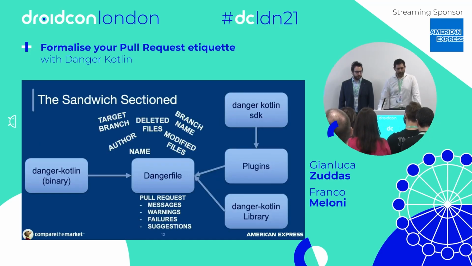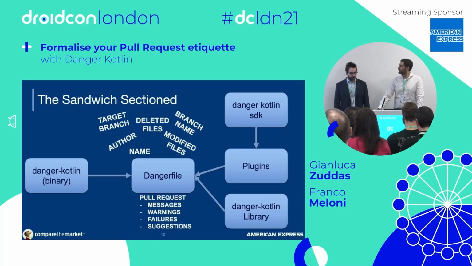And then the binary passes this JSON to our Danger file. The Danger file is where everything happens. We parse this descriptor using our Danger Kotlin library, converting the descriptor into Kotlin objects that we can actually use in our Danger file.